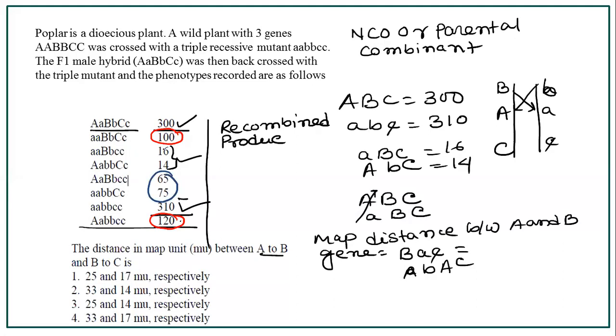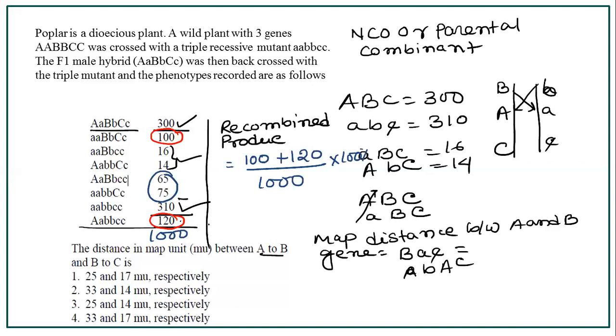So recombination between A and B gene will be, first, 100 plus 120, divided by the total number of progeny, which is 1000, into 100%.